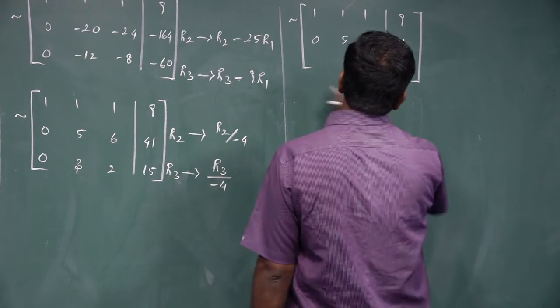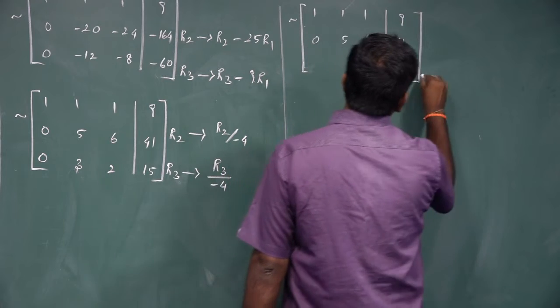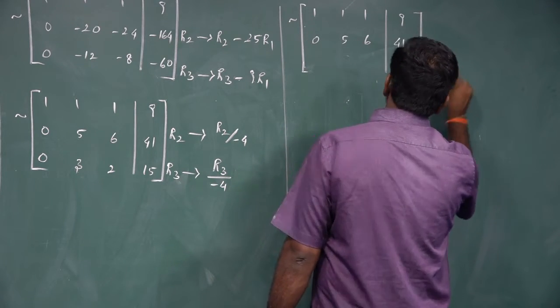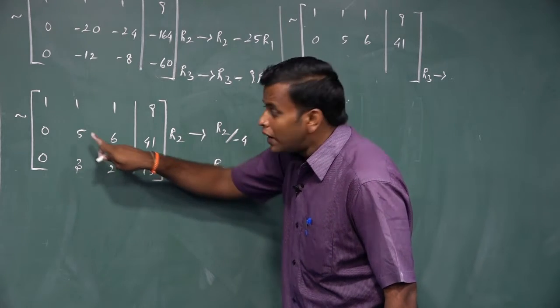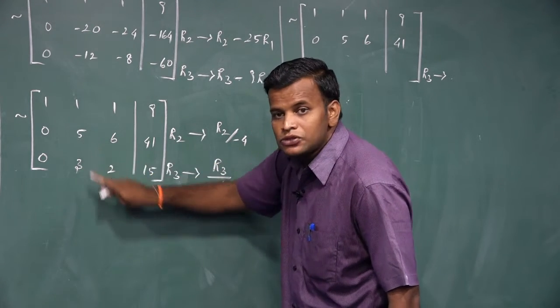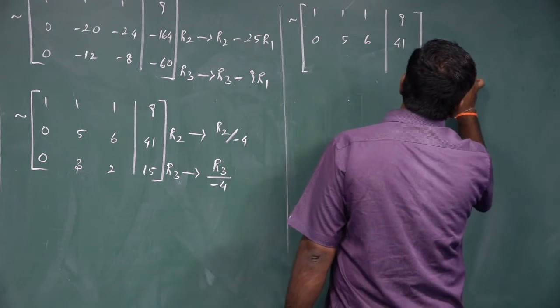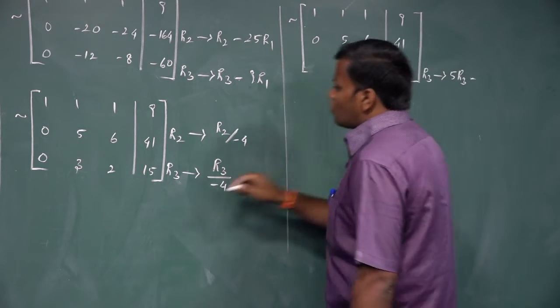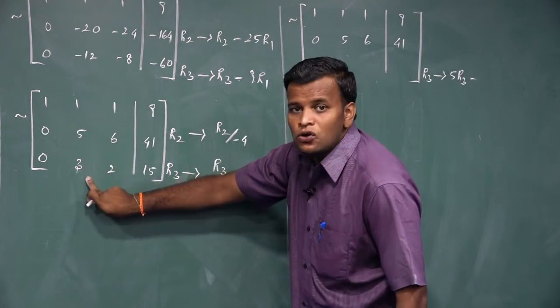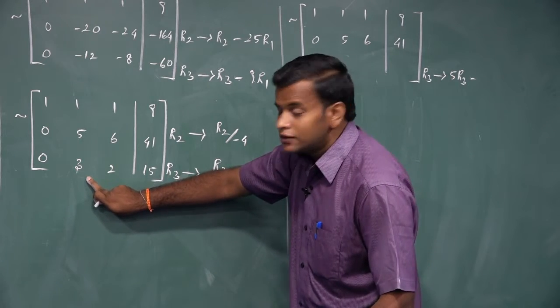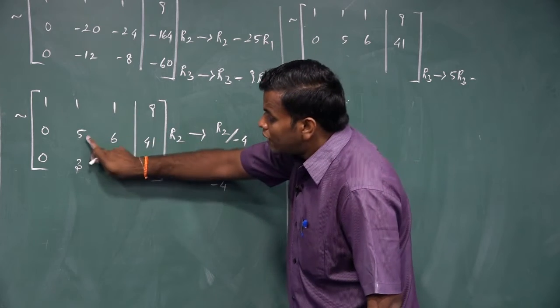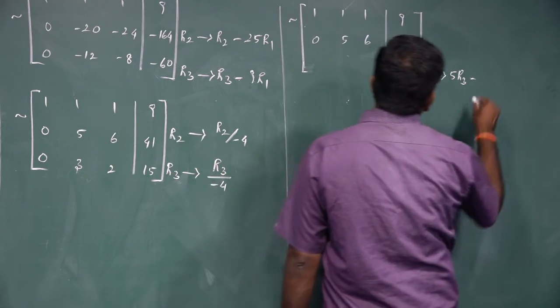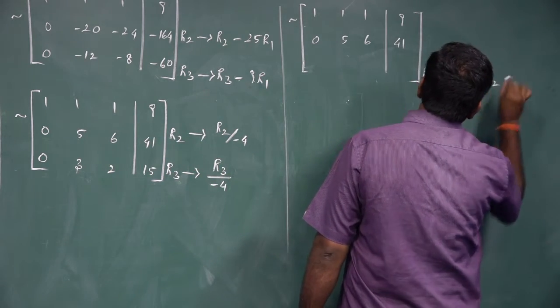Our motive is to convert that element to 0. So how to write R3? We write R3 as, we interchange the elements, 5 times of R3. Both have the same sign, so separate: minus 5 times of R3. We interchange; the 5 number is there, so minus 3 times of R2.